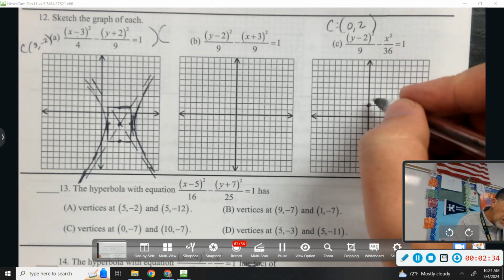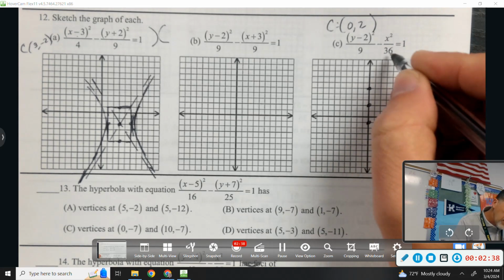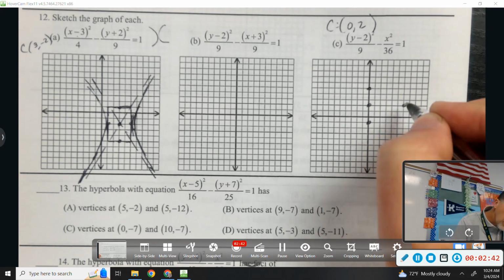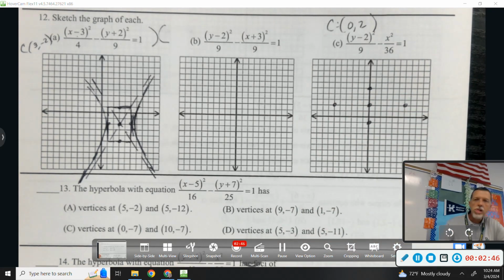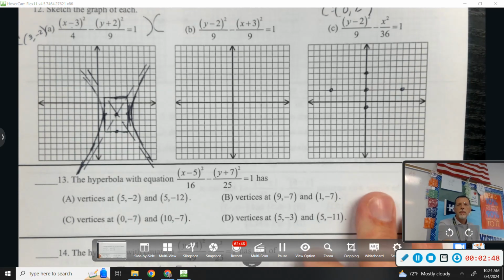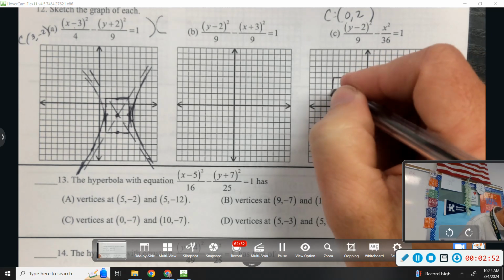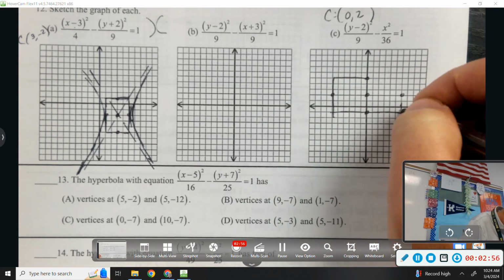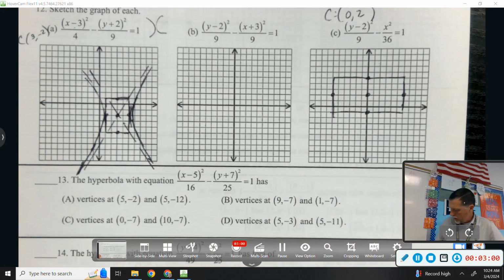And then 3 up and down. 6 left and right. And then the box. Big box on this one. And the asymptotes.